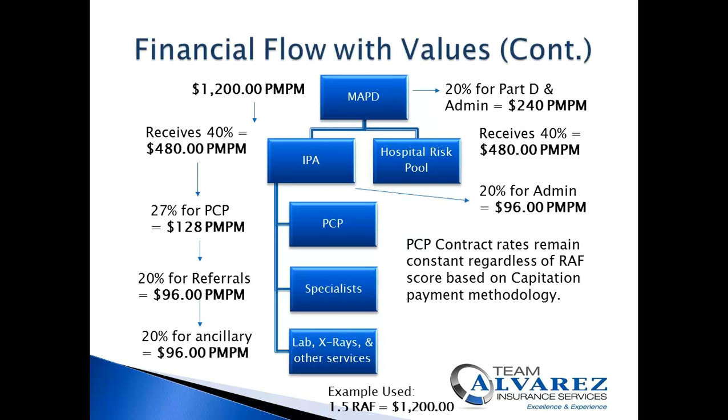Just a reminder, regardless of what the RAF score is, the capitation payment rate remains the same. In this specific scenario, that results in a surplus of $64 per member per month, which is roughly $768 or so. So this is a positive gain in this scenario for the IPA.